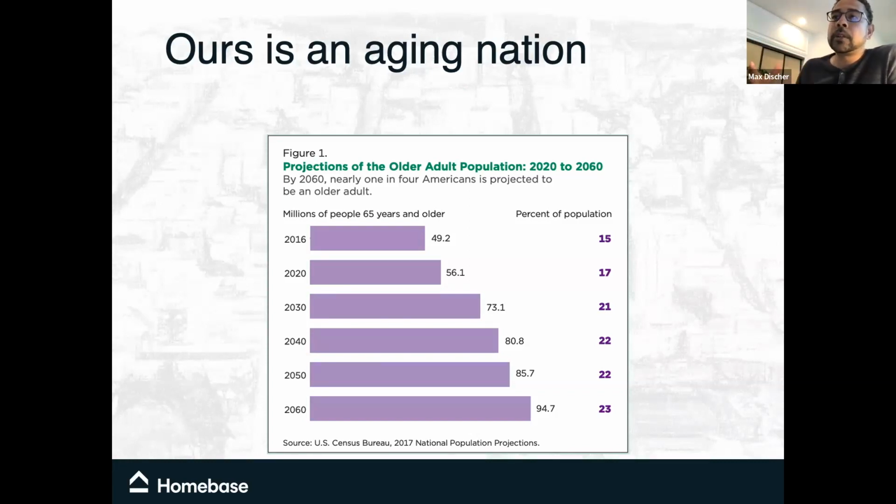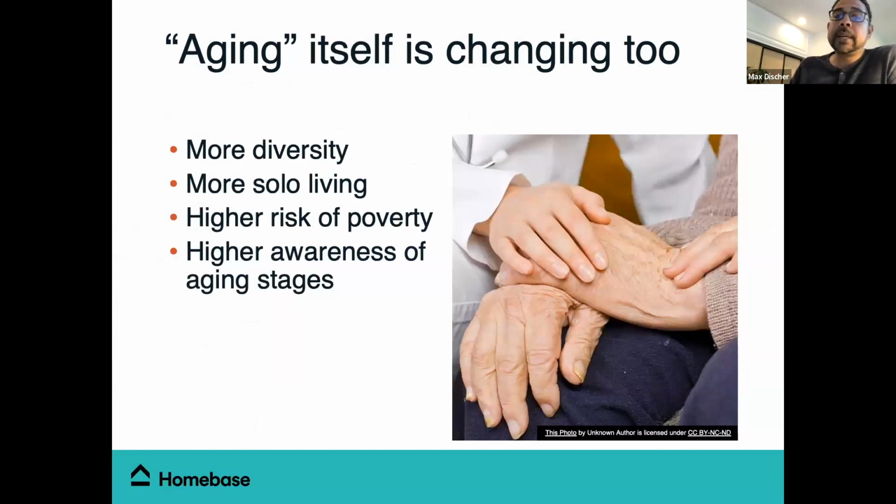People are living longer, and people are getting older, and the birth rate is relatively declining these days. And I should also point out, this is an international issue. There are many nations like this in the world now. As we continue to age, aging itself is changing too, the nature of aging. California's older adult population is becoming a lot more diverse, and it's more likely to be living alone and at a higher risk of poverty.